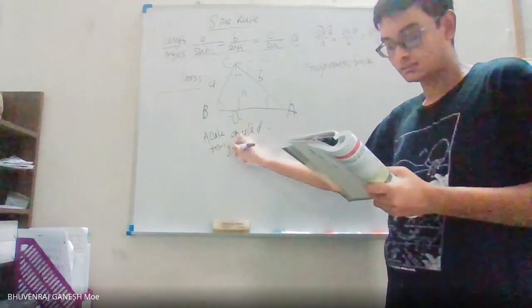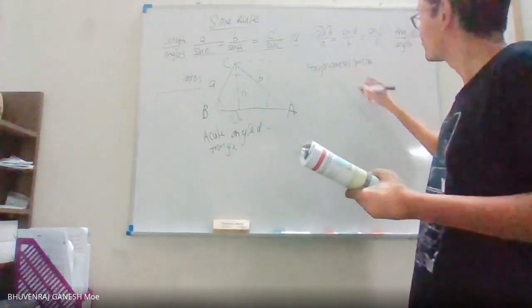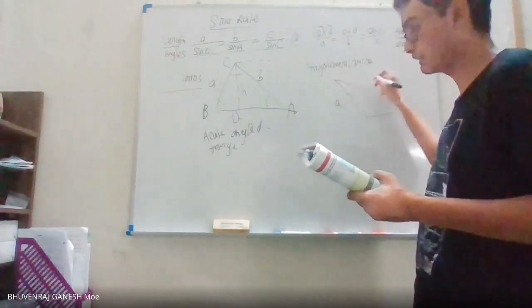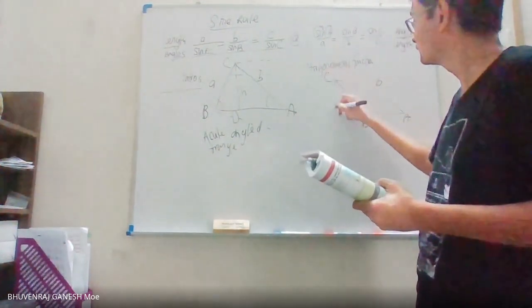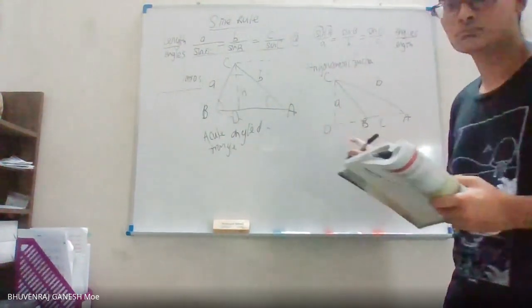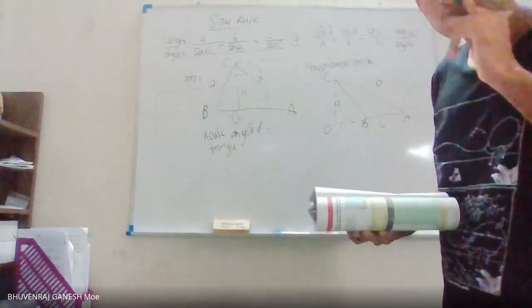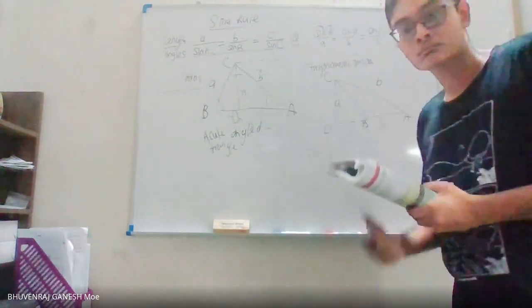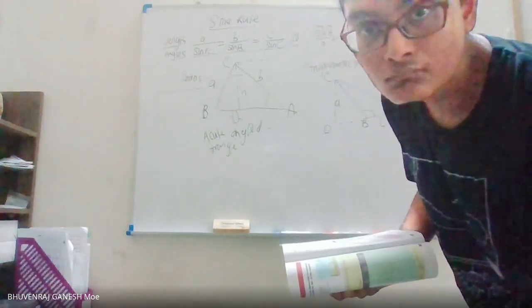And then let me see the other type. The other type is this way. Ishan, what type of triangle is this?